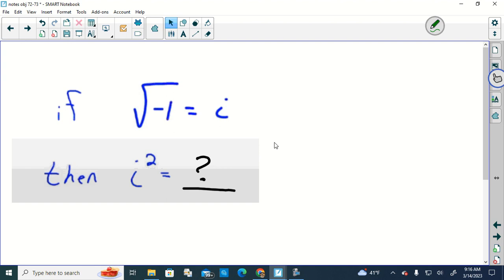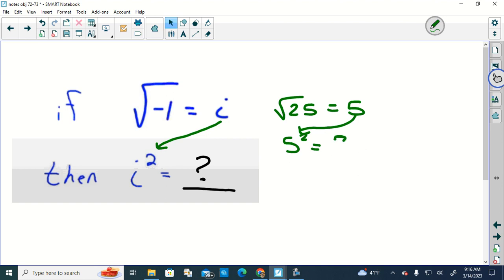So I'm just going to write this off to the side. You don't need to write this. We're just trying to figure out what the question mark is. So if I replace this with actual numbers, we would say that this is 5. Now if I take the number that is here and I square it, what would I get here?